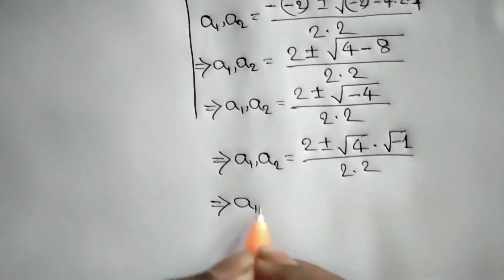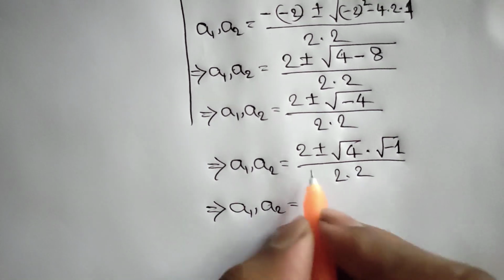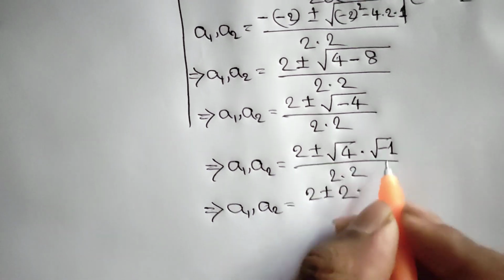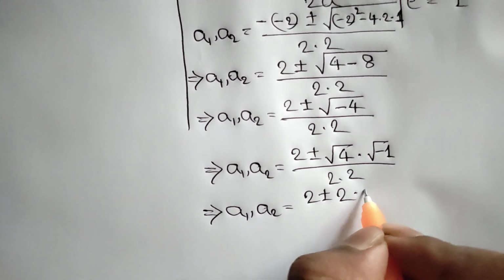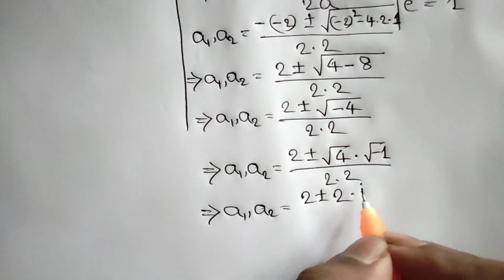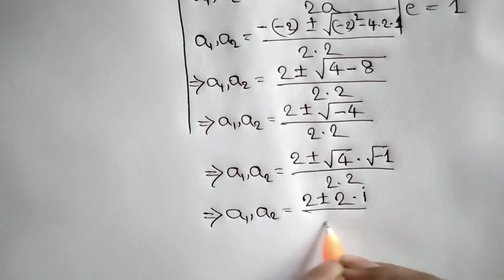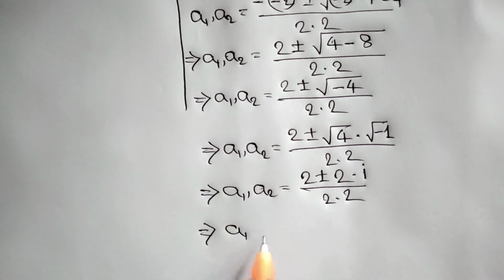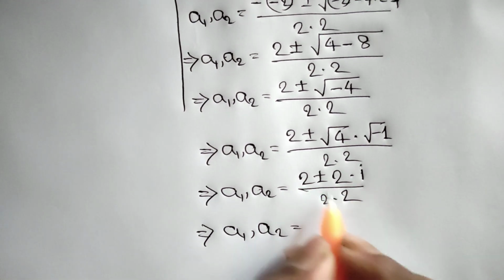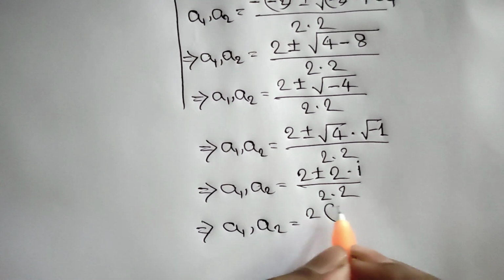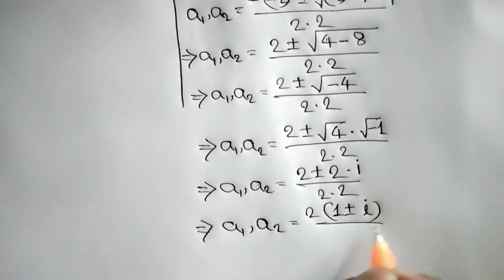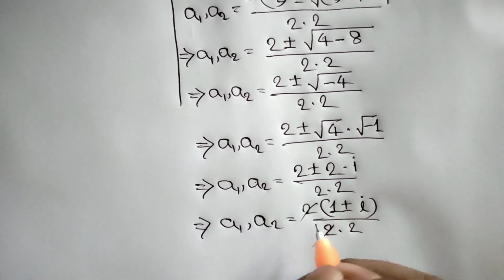Or a1 comma a2 is equal to 2 plus or minus square root of 4, that means 2, times square root of negative 1, which is equal to i. Here i is an imaginary value, over 2 times 2. Taking common 2, we can write 2 times (1 plus or minus i) over 2 times 2, and this 2 cancels out this 2.